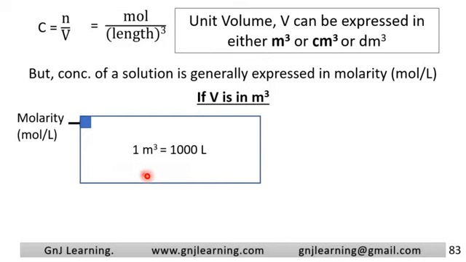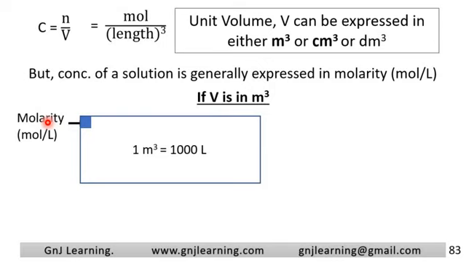Then how many moles are present in the entire 1000 liters? It will be 1000 into X moles per 1000 liters, isn't it? That means if 1 liter contains X moles, then 1000 liters contains 1000 into X, or 1000 into molarity.